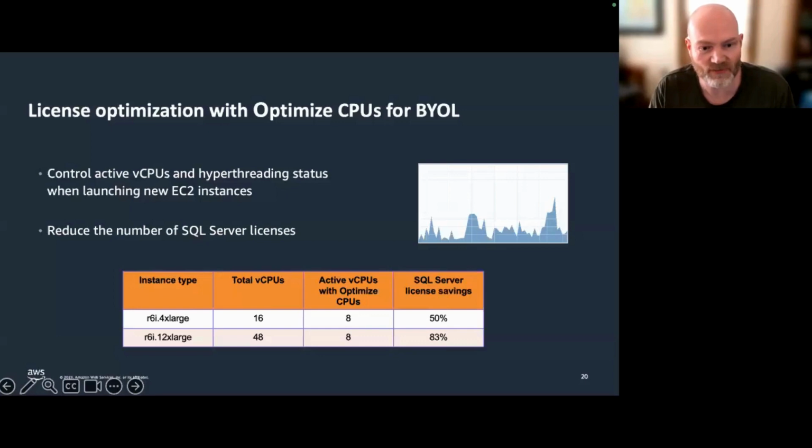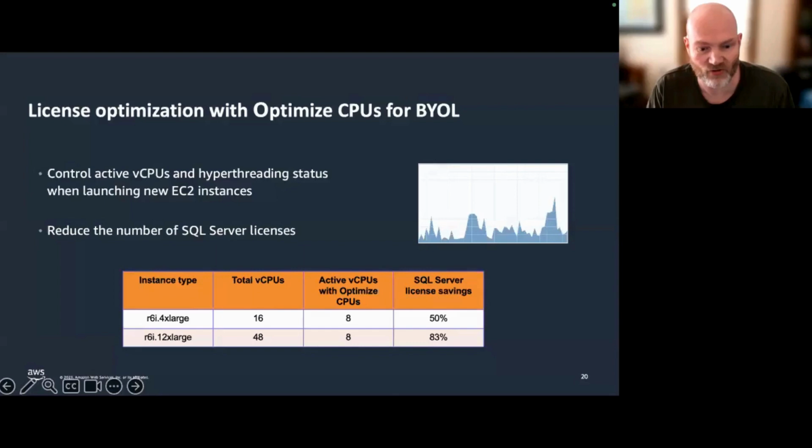So using something called optimized CPU, which allows you to configure the number of cores that are presented to the operating system at launch time, I can say instead of the 48 cores this comes with, only present 8, because that's all my application needs. It needs all the memory I can give it, but it only needs 8 cores. What that means is, if you're bringing your own licenses, you only need to license the 8 cores.